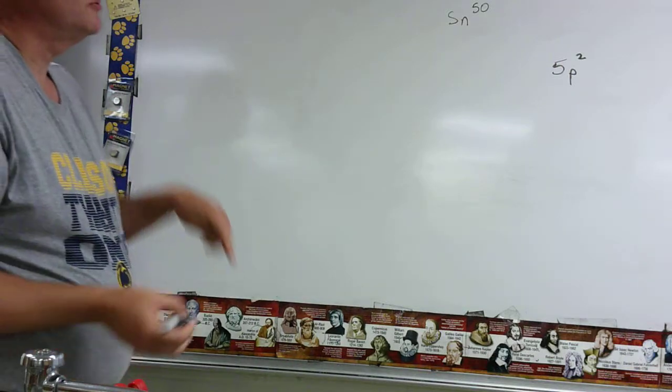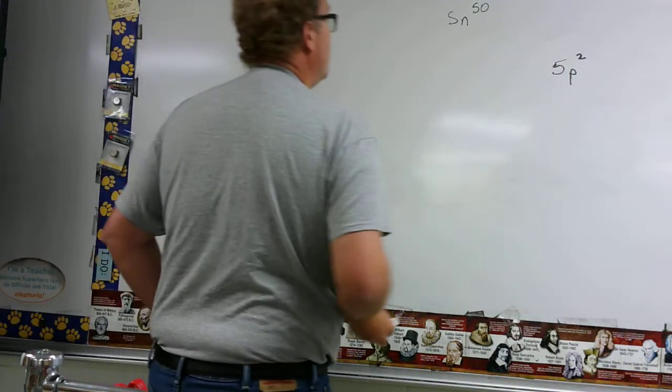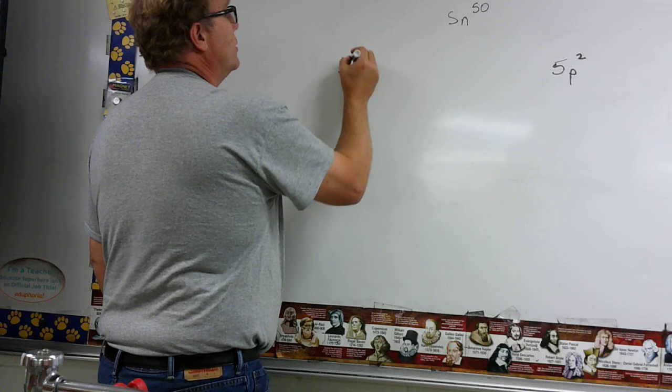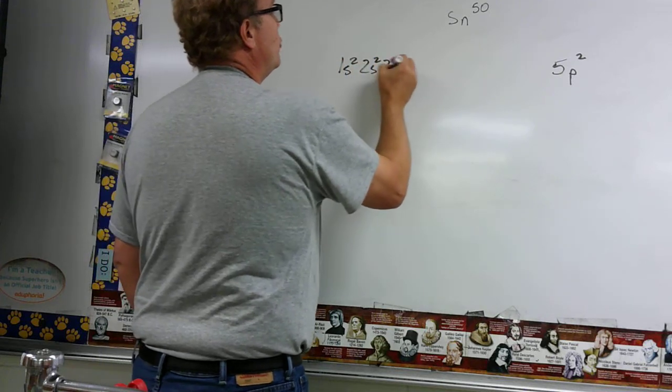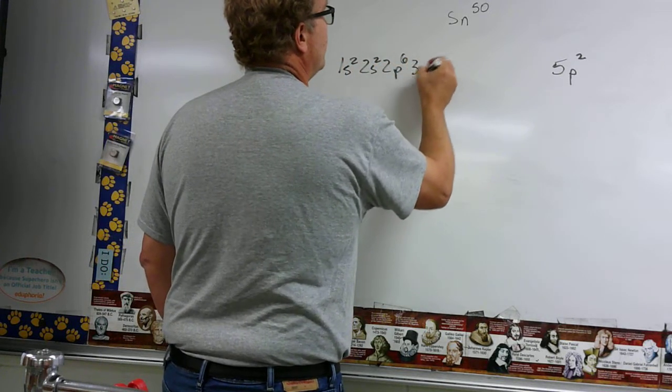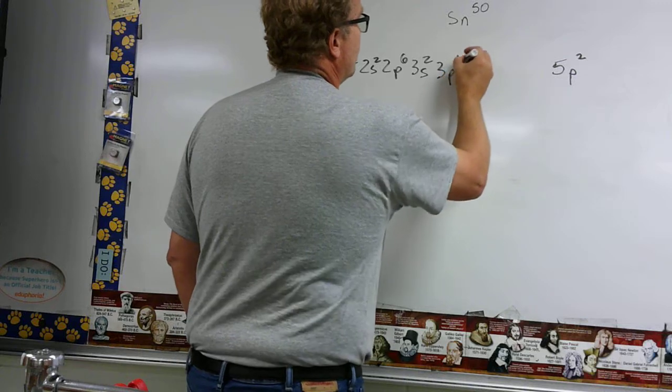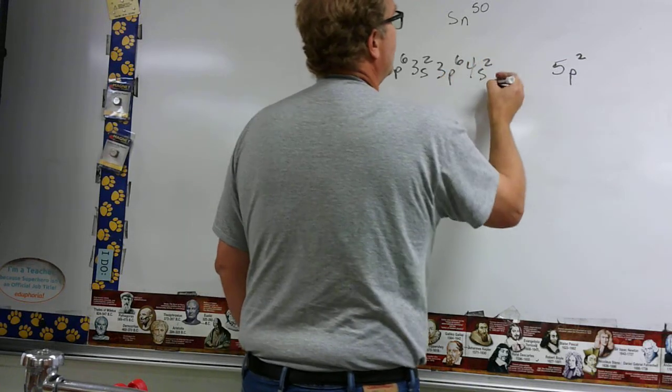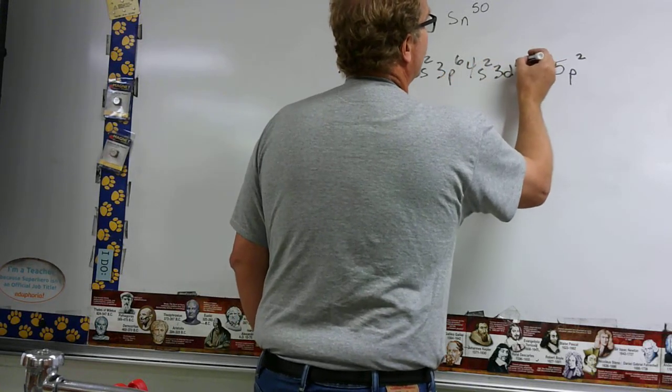Then I'm going to go through and do all the stuff before that. It's going to be 1s2, 2s2, 2p6, 3s2, 3p6, 4s2, 3d10.